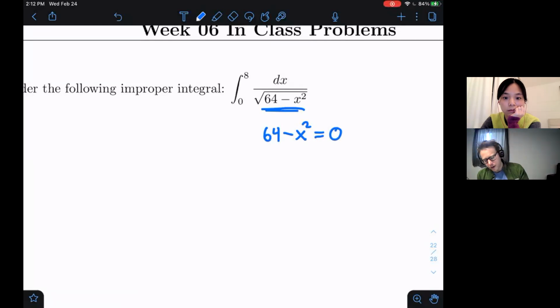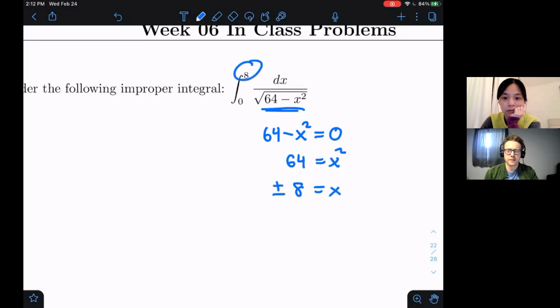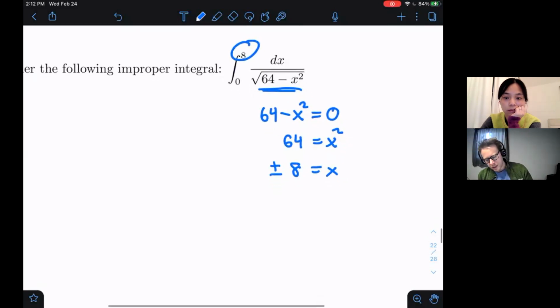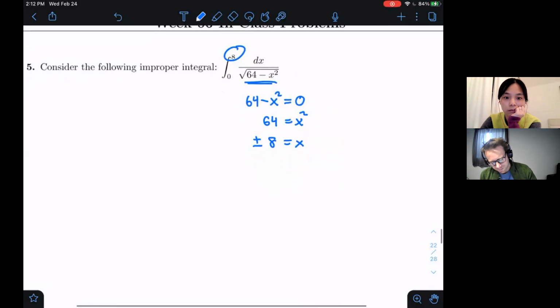If you rearrange this a little bit, you'll see that you have discontinuities at both -8 and +8. So this 8 up here is a point of concern. This is a discontinuity where we have to set up one of those limits as t approaches 8. And so this is where the improper integral comes from.